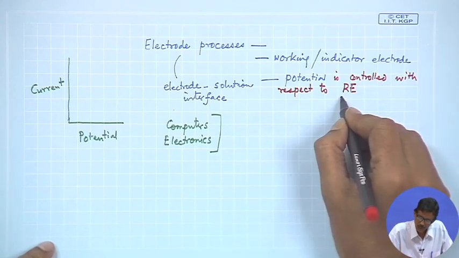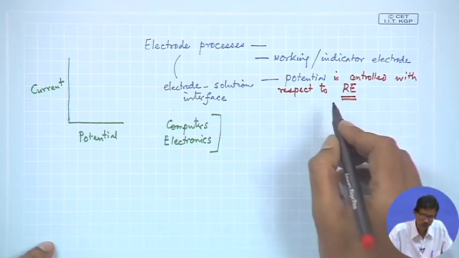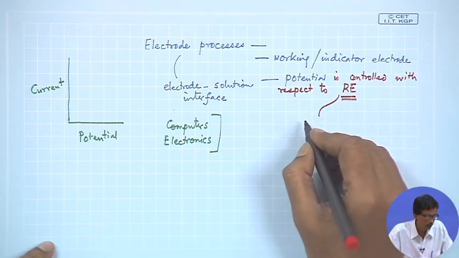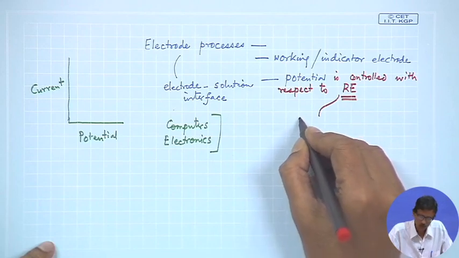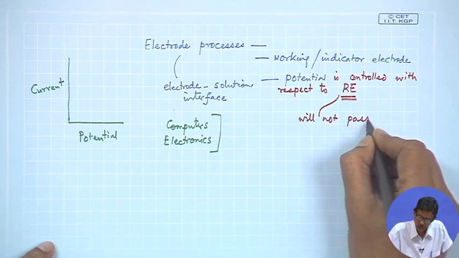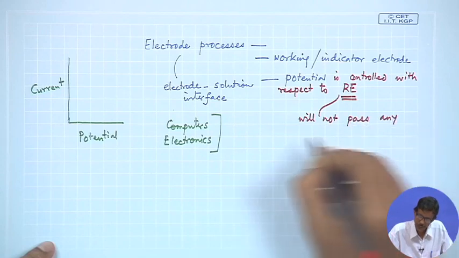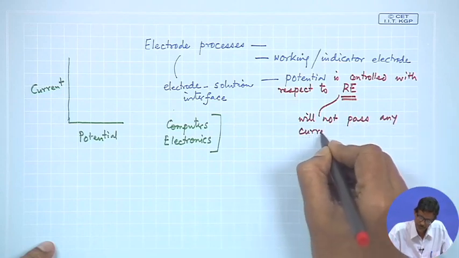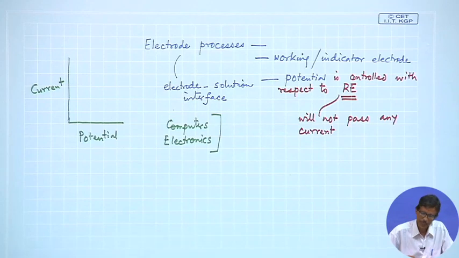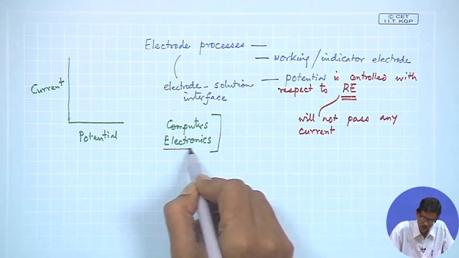For this reference electrode, we impose a certain condition, that this reference electrode will not pass any current. That is very important. So, in that way we basically measure that thing.